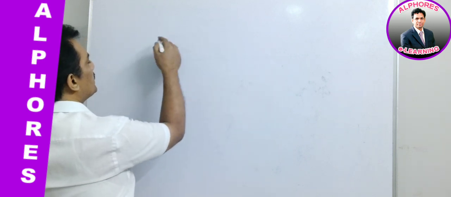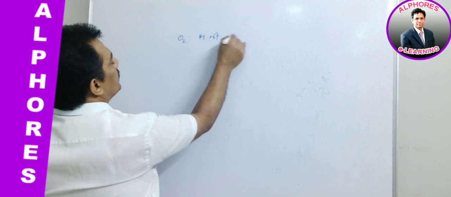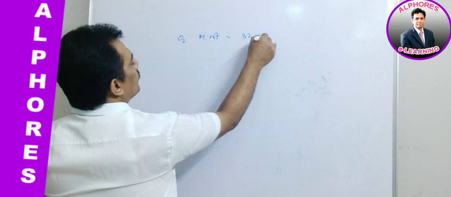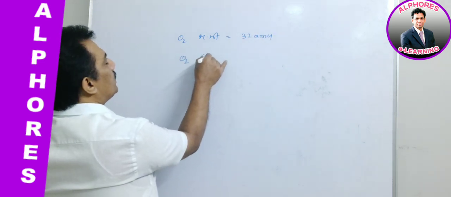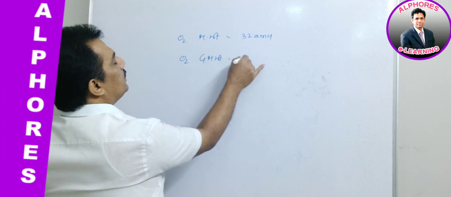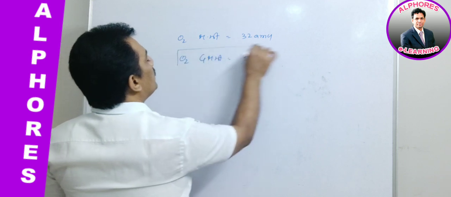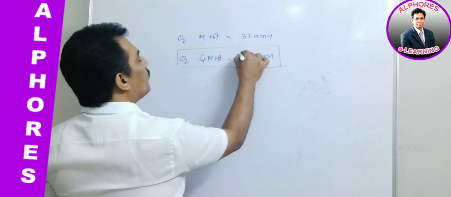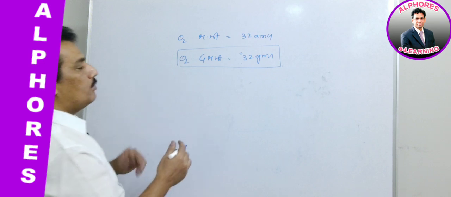What we learned in previous sessions is the oxygen molecular weight is 32 AMU and the oxygen gram molecular weight is 32 grams. Is it not? After getting this, we try to calculate the number of molecules present in 32 grams of oxygen. How are we measuring it?